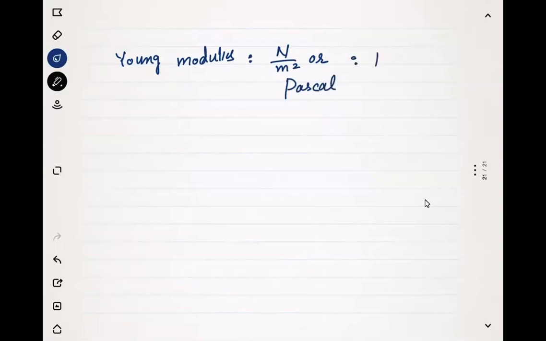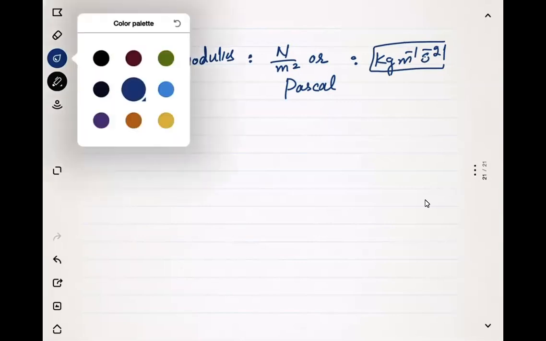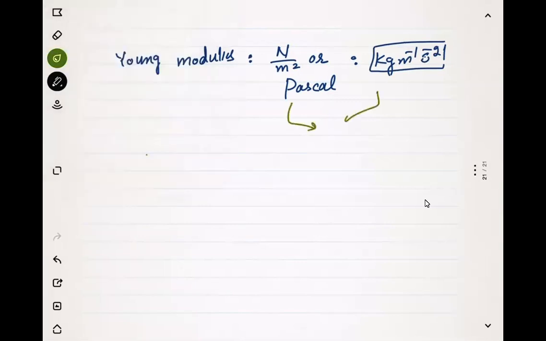So we must say that Young modulus will have same units as stress. Its unit will be Newton per meter square or Pascal. And its base unit is kilogram, meter minus 1, and second minus 2, same as pressure. So its unit and base unit is same as pressure.